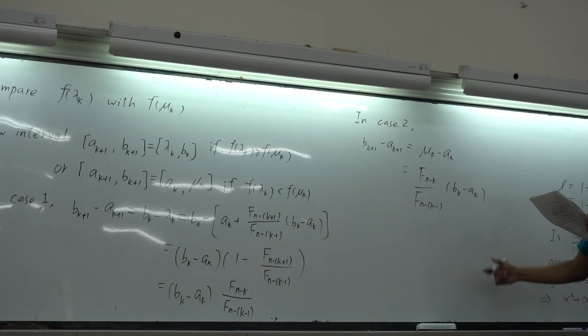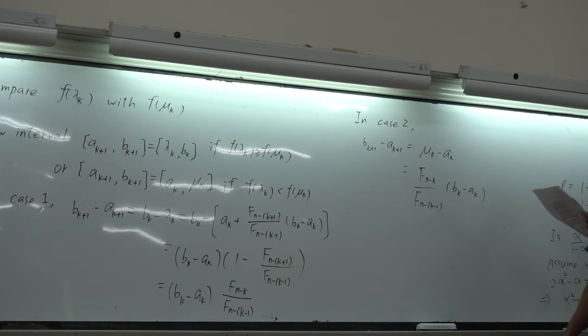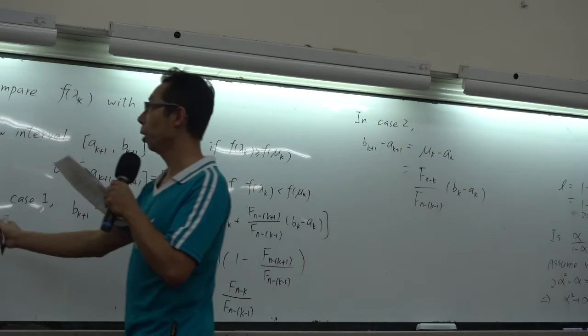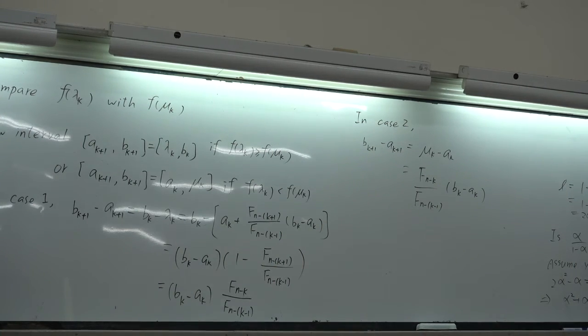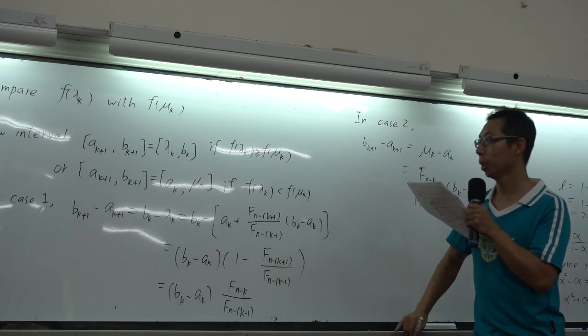So what can you see? What have we found? We have found that the ratio here and the ratio here are exactly the same, which means that no matter what, we always shrink the bracket according to the same kind of Fibonacci ratio, okay?